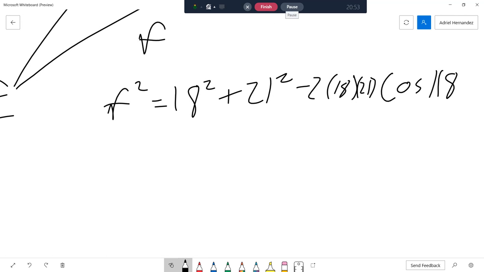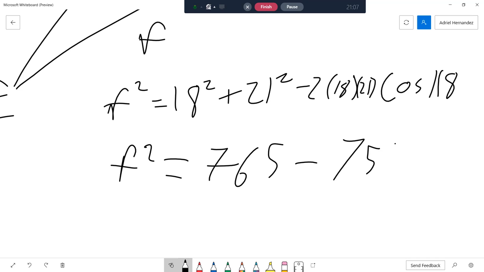So what you're going to essentially end up with is F squared equals 765 minus 756 cosine of 118.